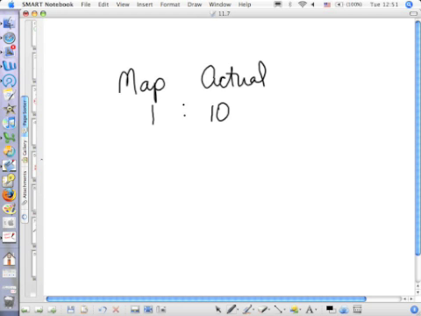Suppose on the map, the little plot that you're going to get is 2.5 inches by 5 inches. And you want to figure out exactly how many acres that is.